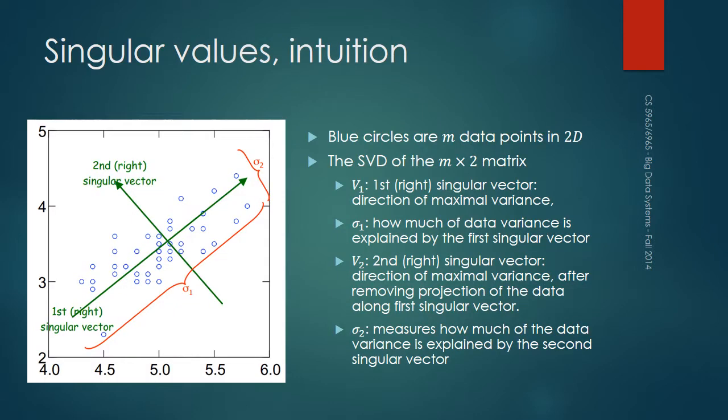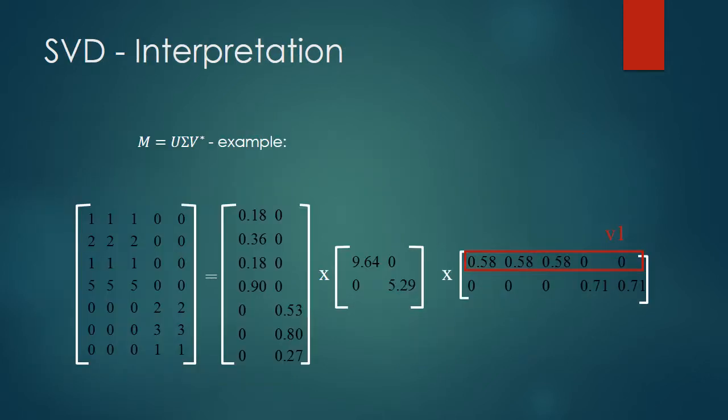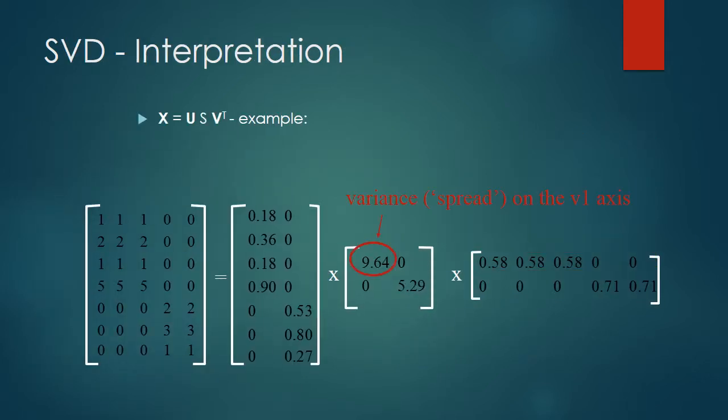Going back into this case, you're trying to basically characterize where you have maximum variation. Correspondingly, the first singular value is giving you the spread along this axis for this data. We can actually do something else out here, which is coming back to what we initially wanted to do, which was to get a simpler approximation.